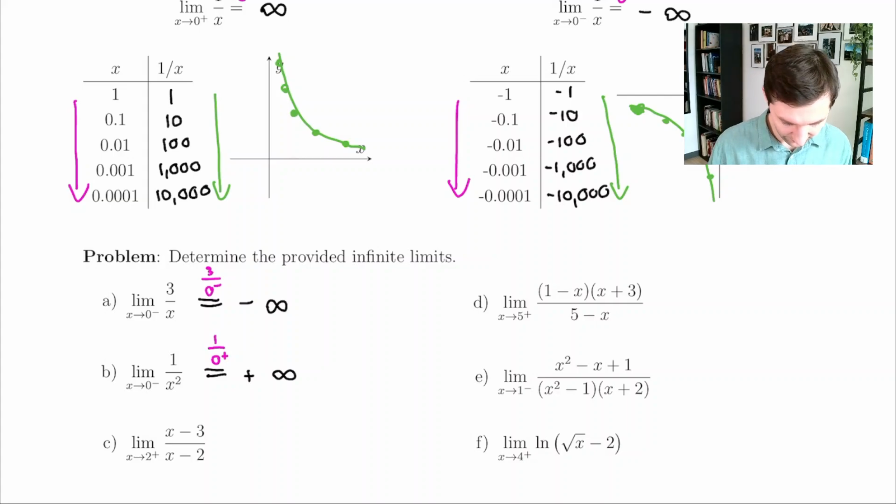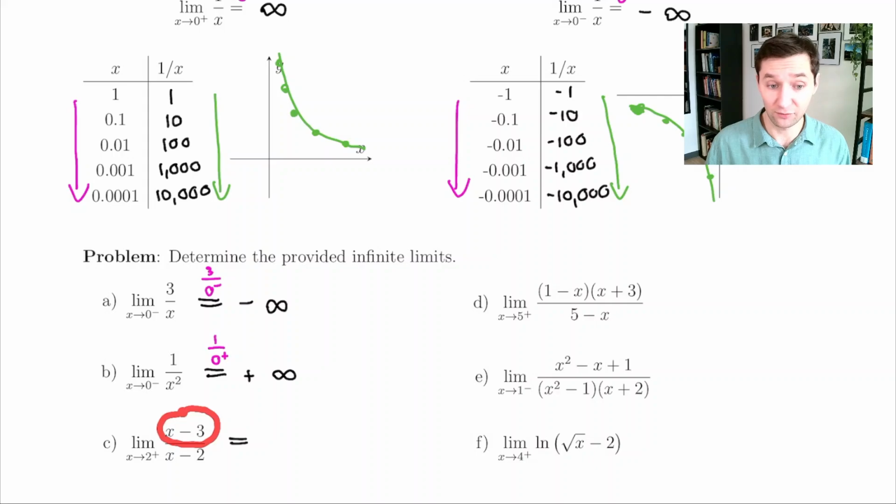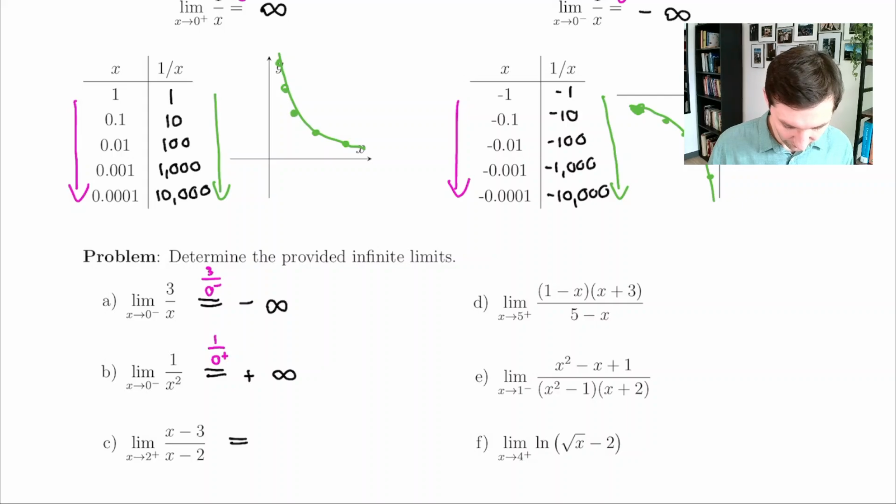In the third case, in the numerator, as numbers get closer and closer to 2 from the right, for example, numbers such as 2.1 or 2.01, 2.001, the numerator gets closer and closer to the value 2 minus 3, which is negative 1. So the numerator tends toward negative 1.